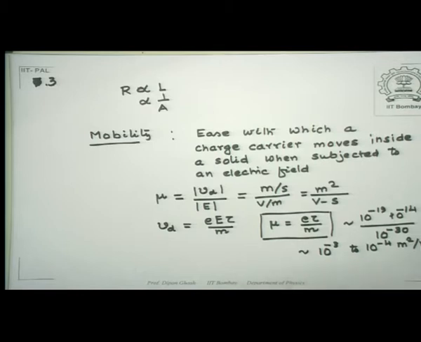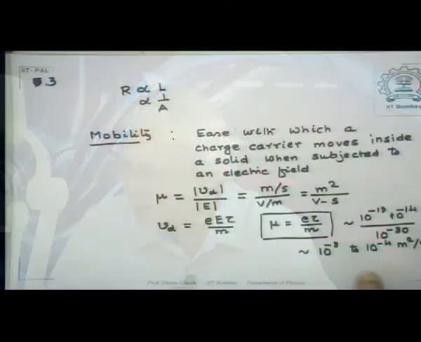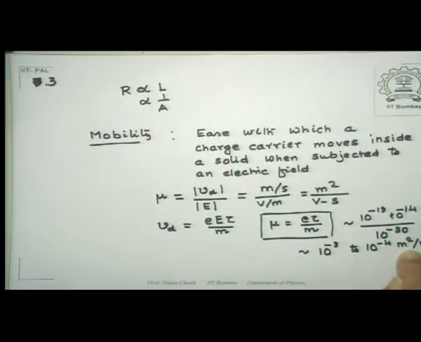This is actually very small. So it is very important to realize that though I said mobility is the ease with which the electrons move in the presence of an electric field, the value of mobility in case of conductors is actually not very much.